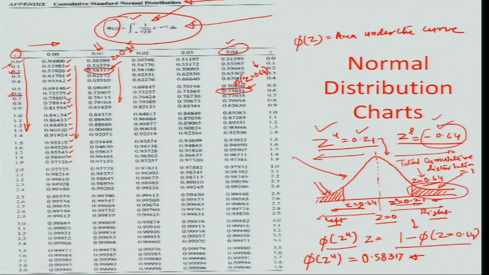The issue here was to determine the cumulative distribution function corresponding to z equal to minus 0.64, and I had earlier illustrated in detail how this is recorded as 1 minus the cumulative distribution corresponding to z equal to 0.64. Let me write it in a proper manner so that it is not confusing.